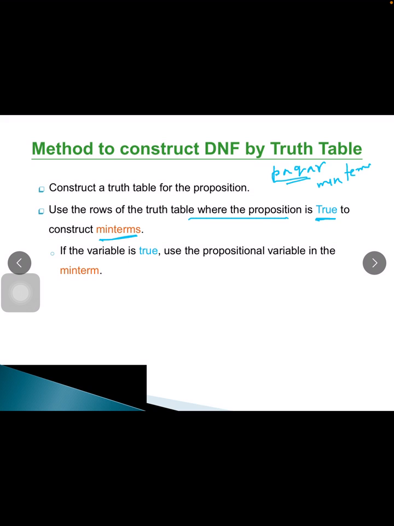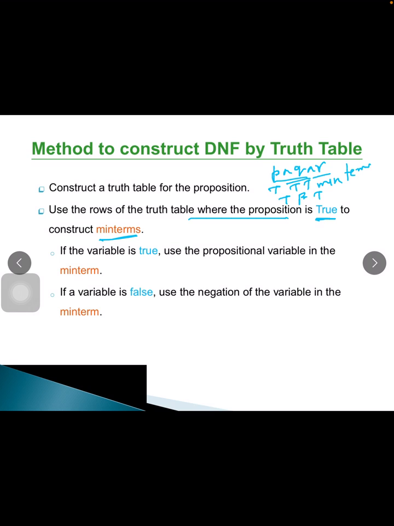If P is true, Q is true, and R is true, our min term is P and Q and R. Suppose your P value is true, Q value is false and R value is true, so how can you form the min term?